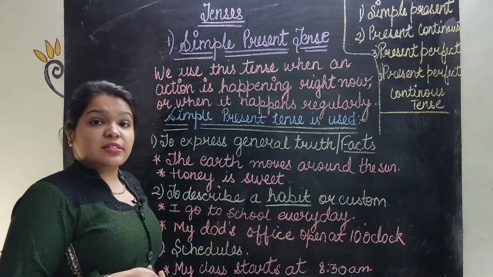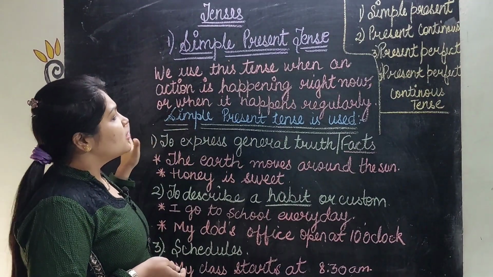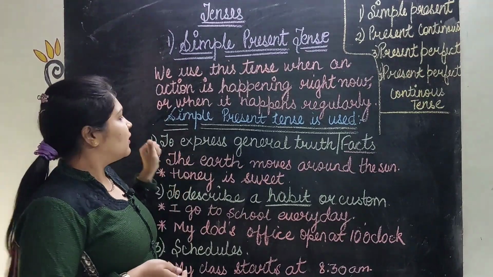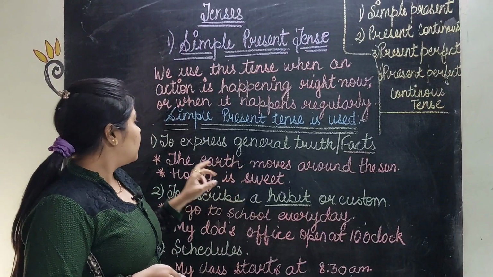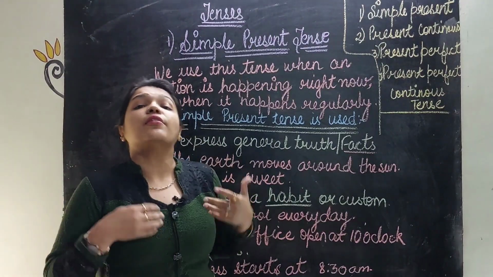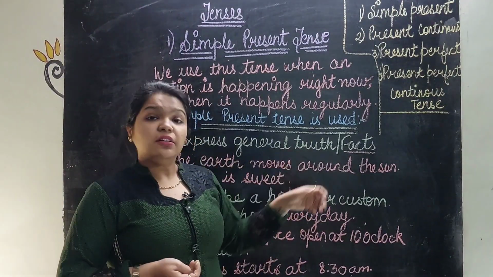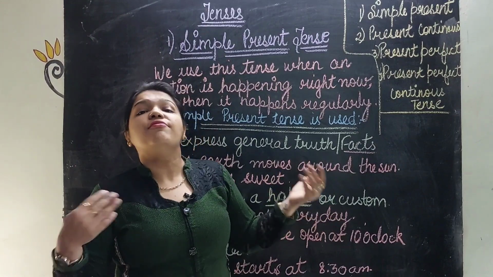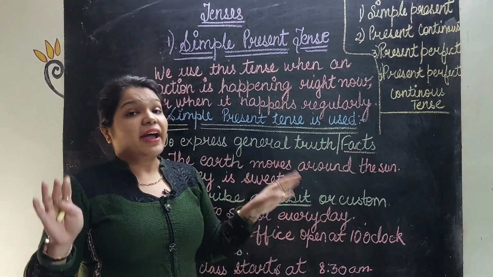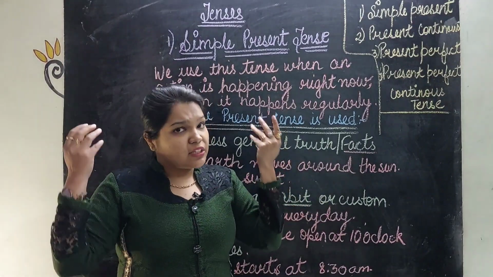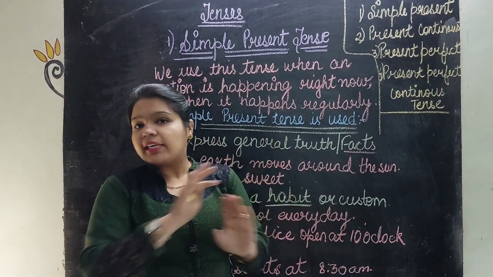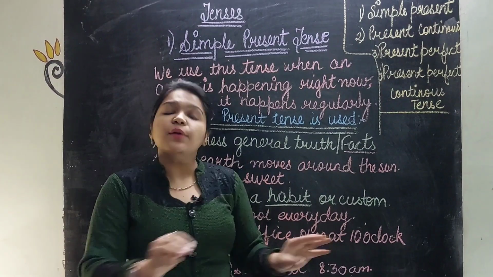I'll give you some of the rules to use simple present tense. Simple present tense is used to express general truth or the facts. Facts means you cannot change them. You can change the situation, but that fact cannot be changed at any point of time.